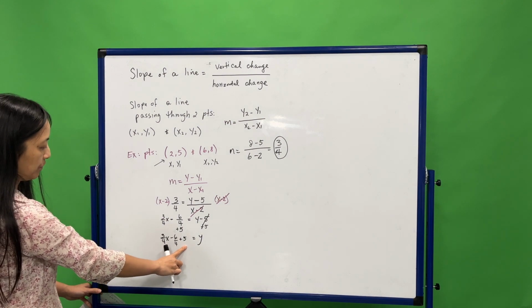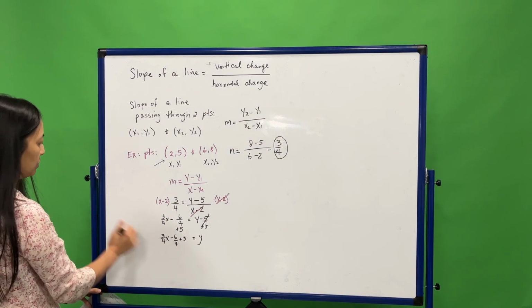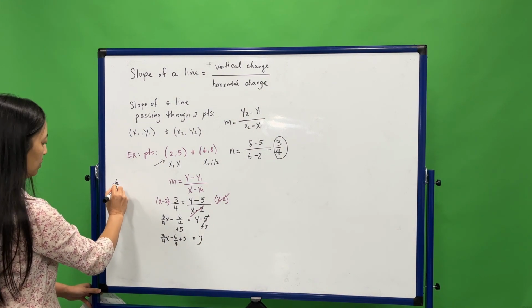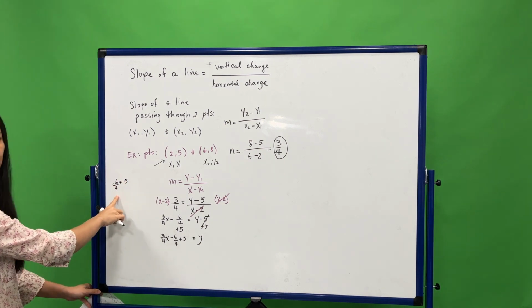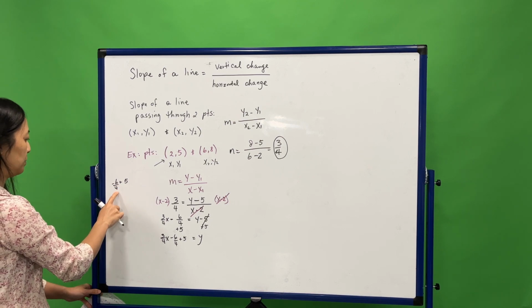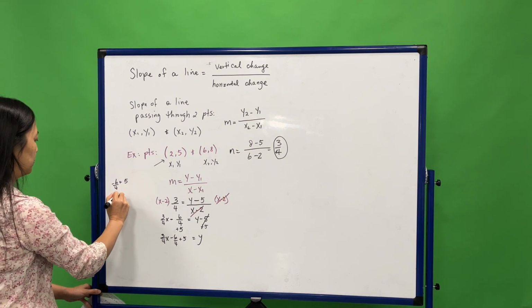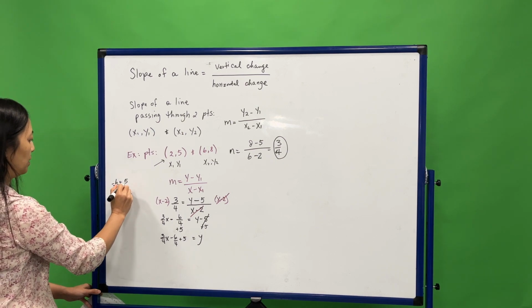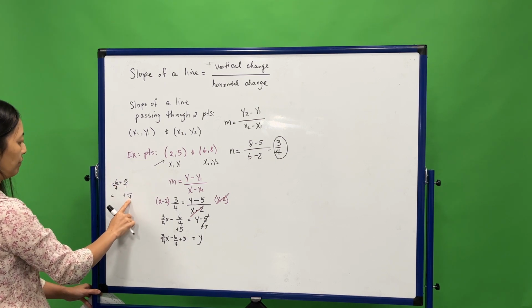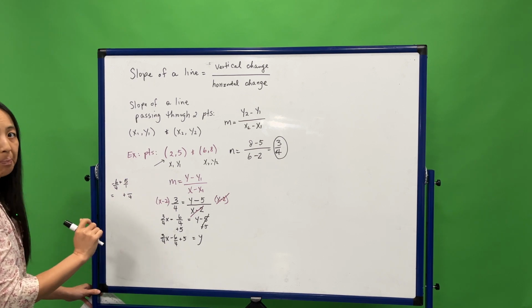Because these have different denominators, negative 6 over 4 plus 5, we need to find a common denominator, and that's 4. We'll multiply the bottom by 4, and we're going to need to multiply the top by 4.